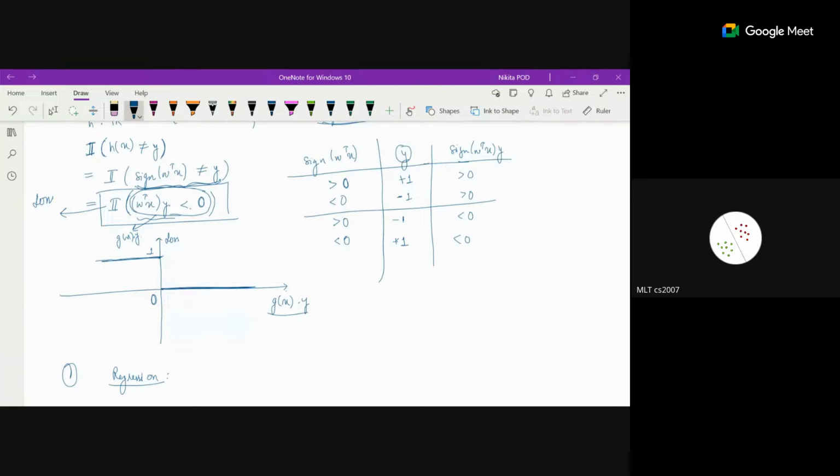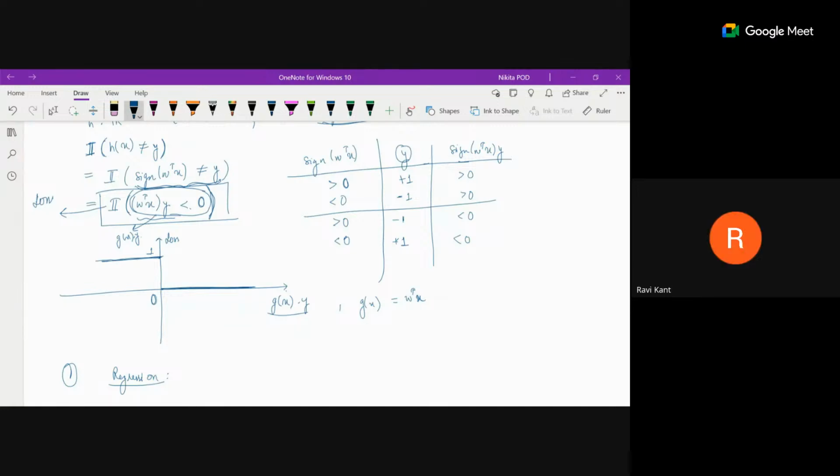In this case, if w transpose x times y is less than 0 and it holds, then we are going to say it will take the value 1. And we are plotting the graph of the loss versus g of x times y, and g of x we are taking as w transpose x.